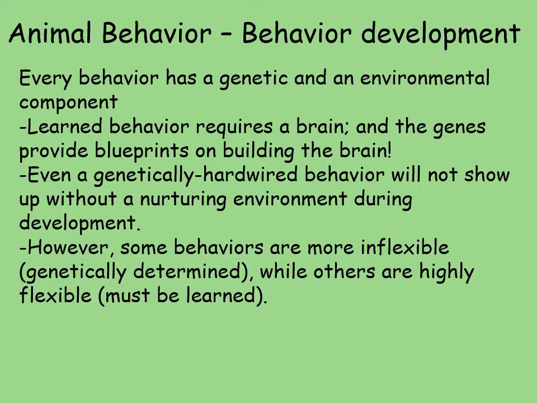But that's saying you cannot have a completely genetically hardwired behavior or a completely environmental behavior. Some behaviors are more inflexible, more genetically determined, and others are highly flexible and have to be learned. So they fall on a spectrum. So let's look at some examples of behavior on this spectrum.